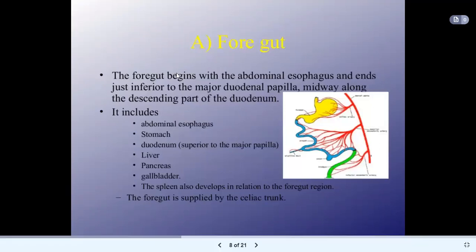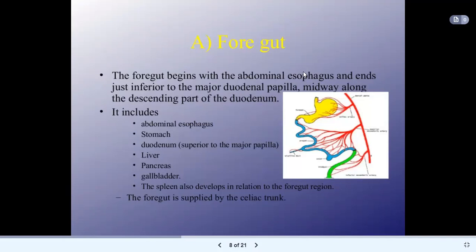Now, the foregut begins with the abdominal esophagus and ends just inferior to the major duodenal papilla, midway along the descending part of the duodenum. So your foregut begins at the abdominal esophagus.